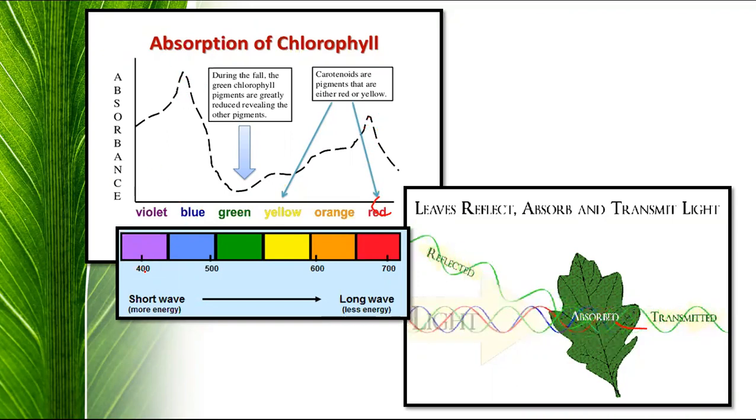The wavelength of blue light is less, we call it a short wavelength, while red light has a long wavelength.